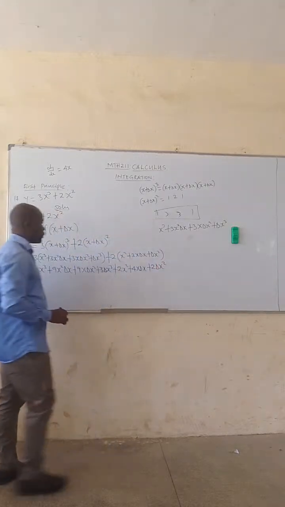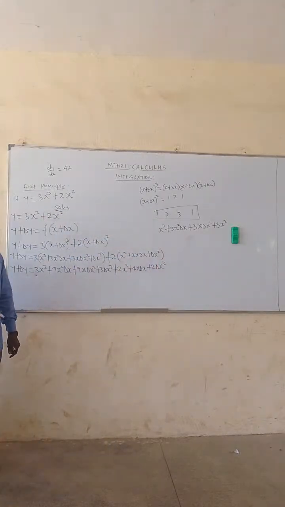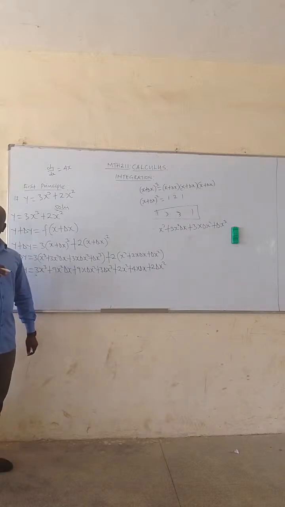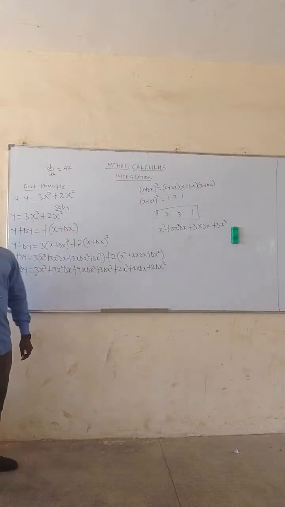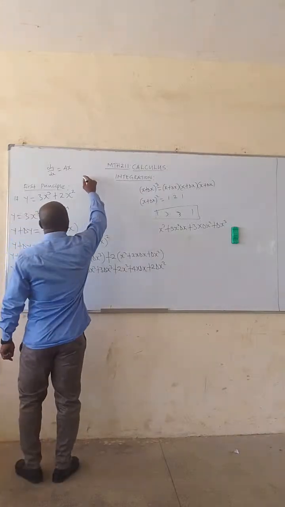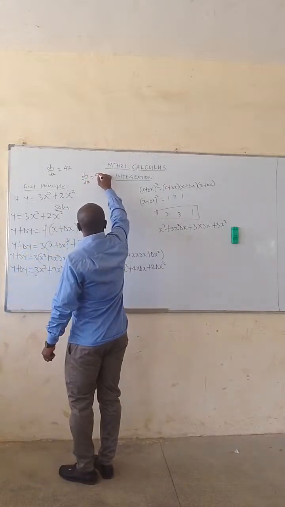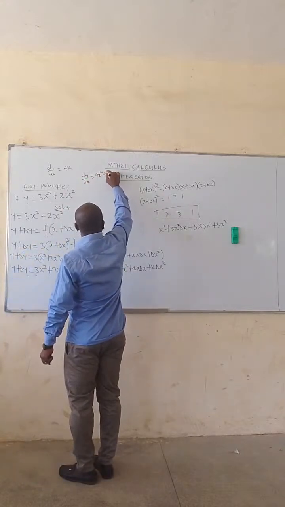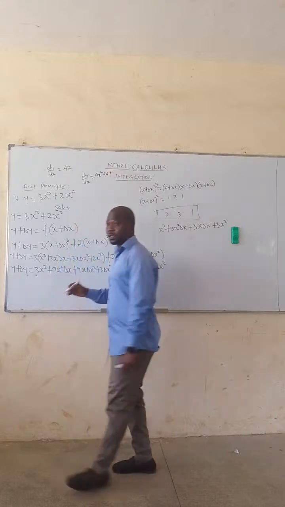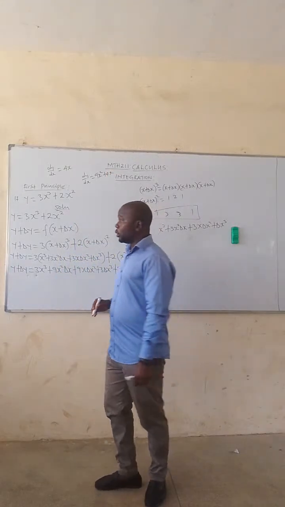Ordinarily, if we differentiate this function, what are we supposed to have? Our dy over dx is supposed to be 9x squared plus 4x.